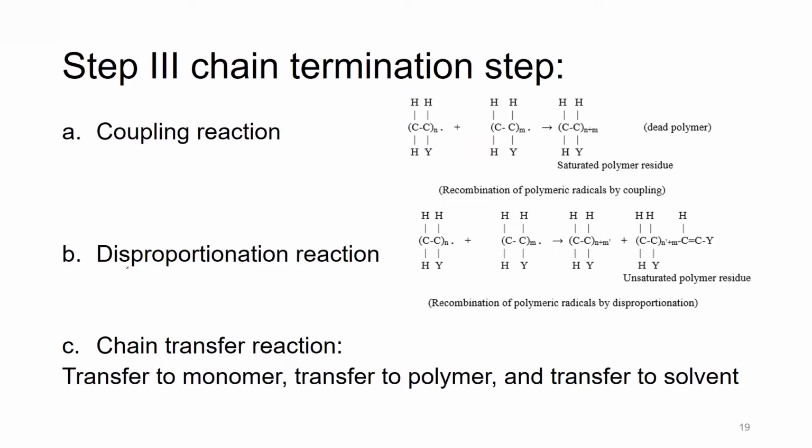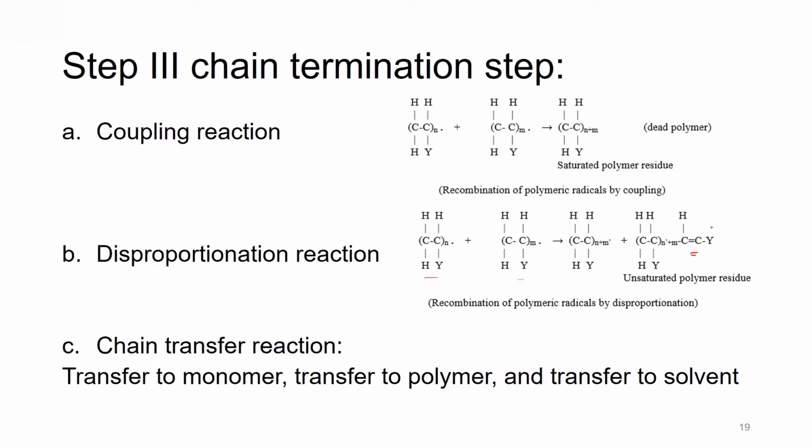Another way of the chain termination is through the disproportionation reaction. The disproportionation reaction is similar to the coupling reaction, but your polymeric radical would react with another polymeric radical and they will form a double bond, an unsaturated polymeric chain, and your long polymeric chain.